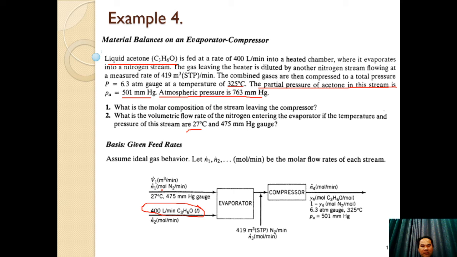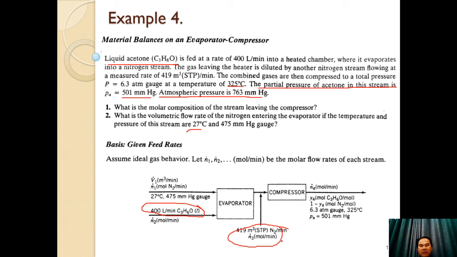For the nitrogen we assume V1 is the volumetric flow rate and N1 is the molar flow rate of nitrogen, fed at 27 and 475 millimeters mercury. The product out of the evaporator is the nitrogen-acetone stream at a flow rate of 419, and N3 means its molar flow rate.